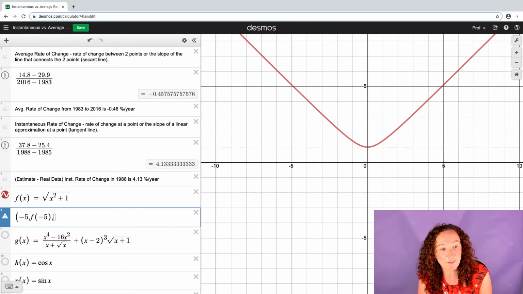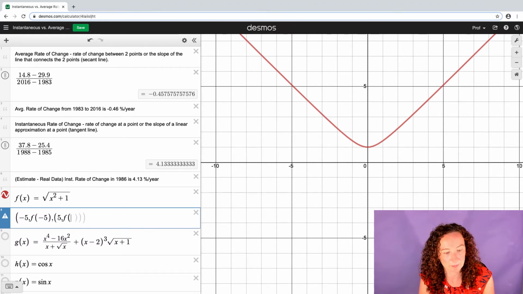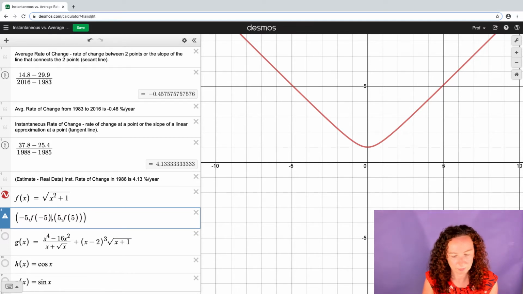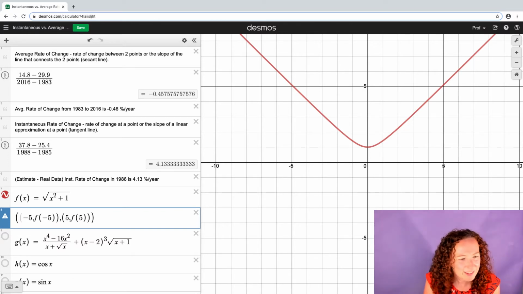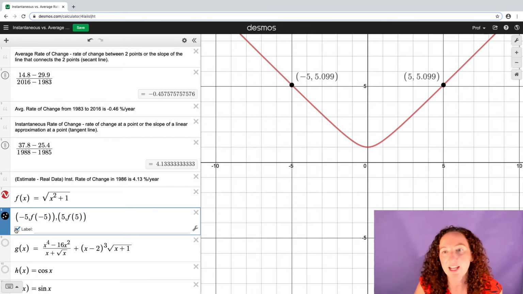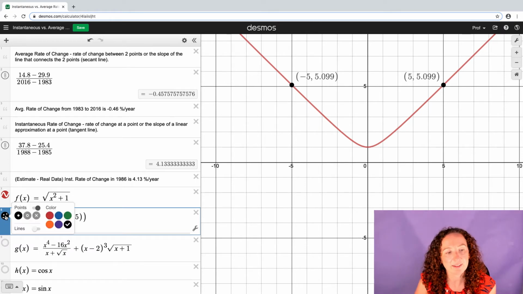Should we go to +5? There we go. So if I want to label each one of these, I have my 2 points. And the line that connects them is called the secant line.